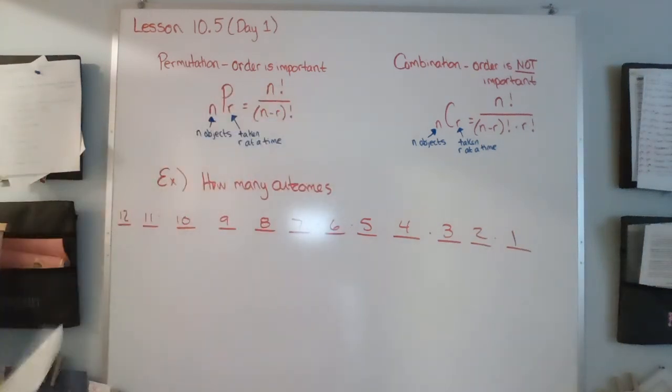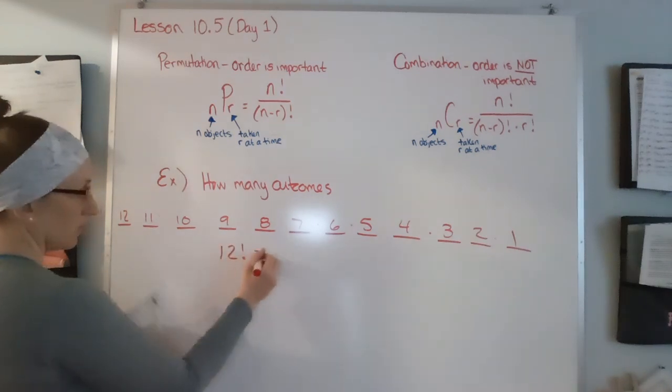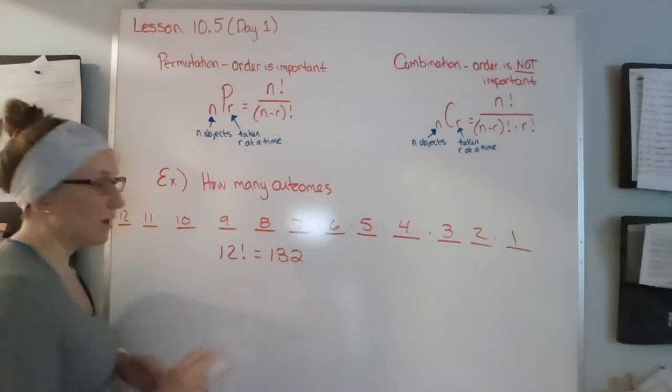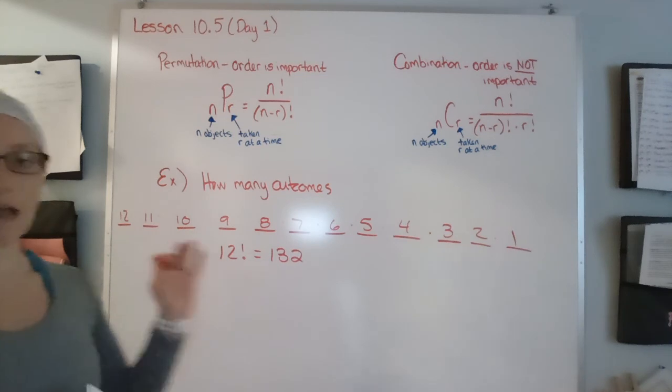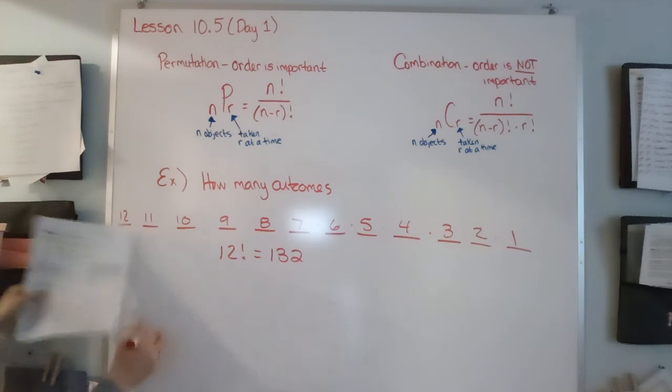Right? So the total possible number of outcomes, 12 factorial, that would have been the easier way of writing this, 12 factorial, is 132. Okay, so there are 132 different outcomes of how the floats can be arranged in this parade.